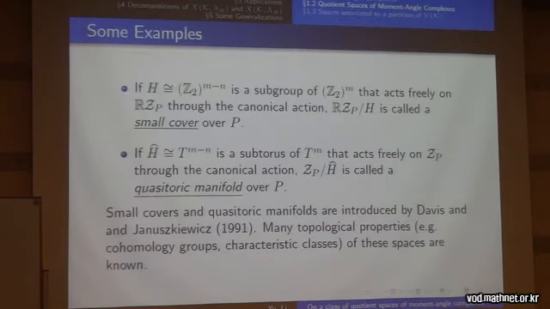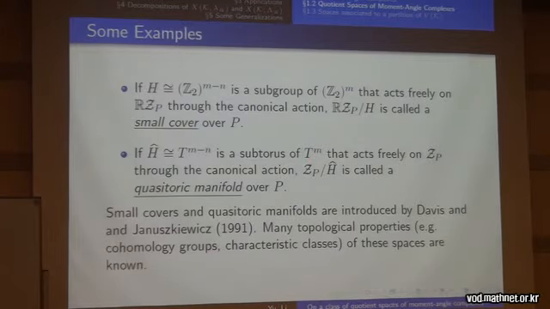And if a group H, which is Z2 to the m minus n, where m is the number of facets and n is the dimension, can act freely on the real moment-angle manifold through the canonical action, then the quotient space is called a small cover.